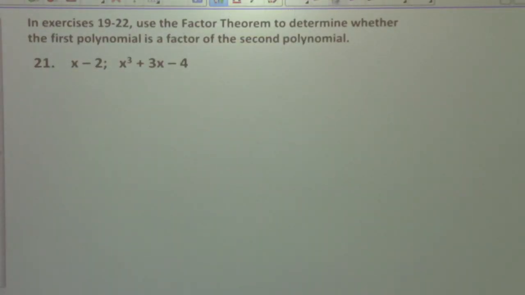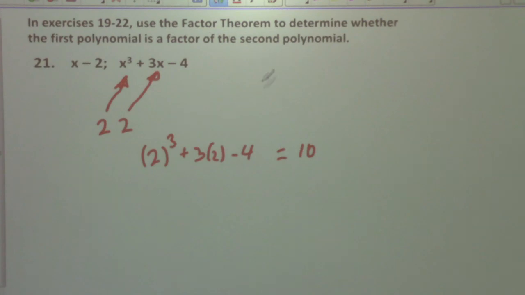All right, Hannah, what do you have? You can plug into 2, but I did it in the synthetic one, so you can plug in 2 as fixed. So we get 10. It's gonna equal 10. Okay, so it's not a factor.